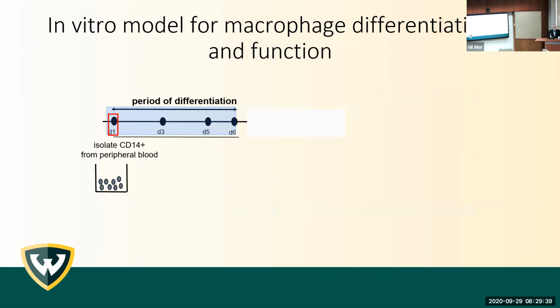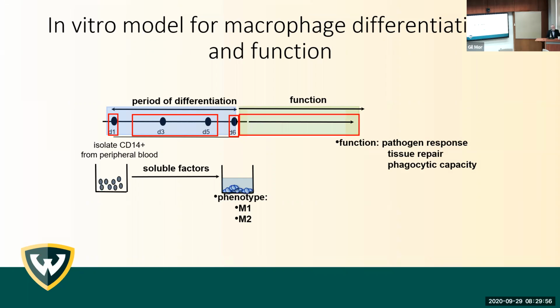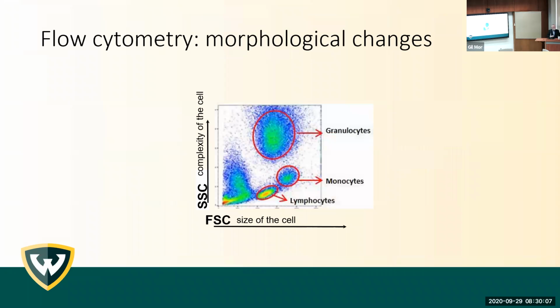So again, what is the model? We isolate CD14 positive cells from the peripheral blood. We then expose them to soluble factors coming from the trophoblast or cytokines. Then we collect those differentiated cells and evaluate them by flow cytometry, or we look at function, especially pathogen recognition or response to pathogens, tissue repair, and phagocytic capacity.